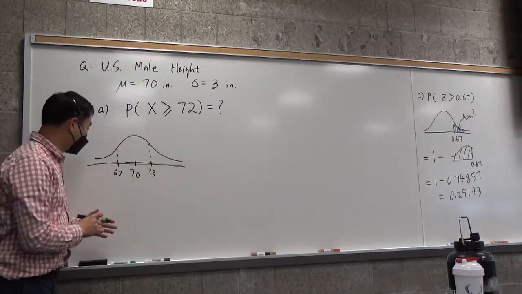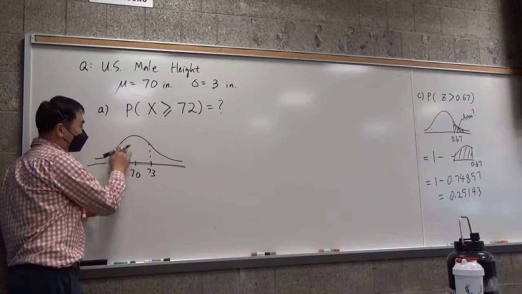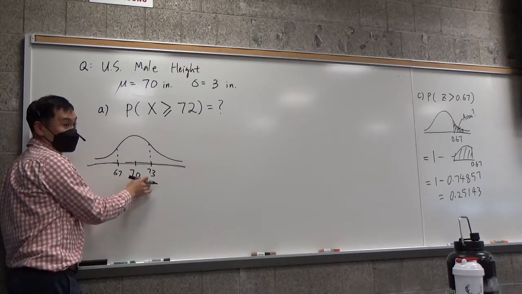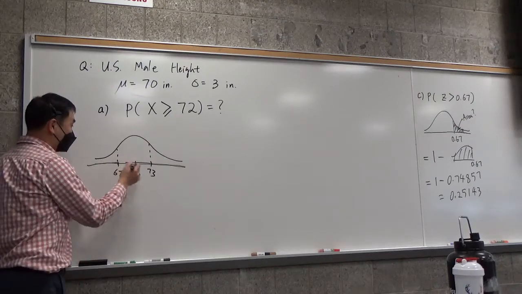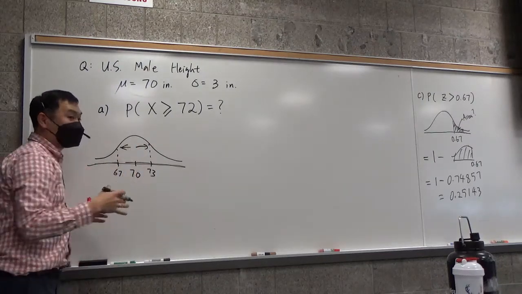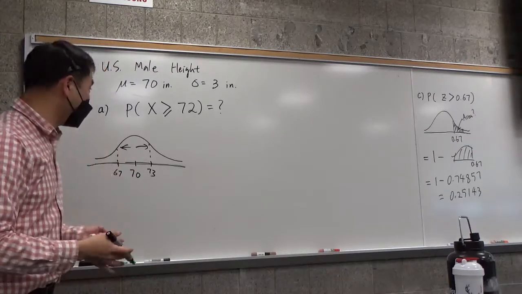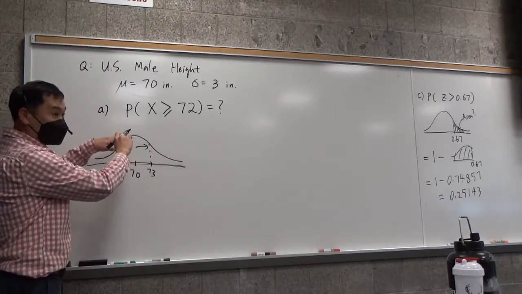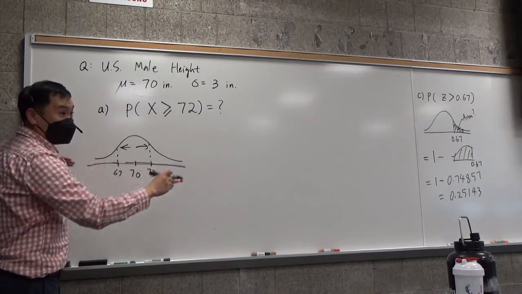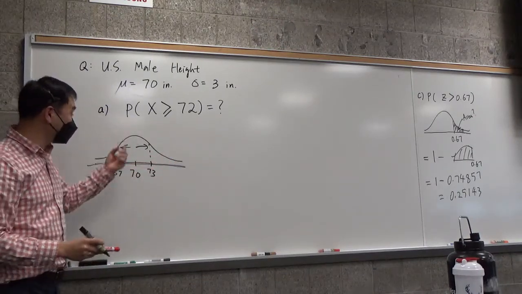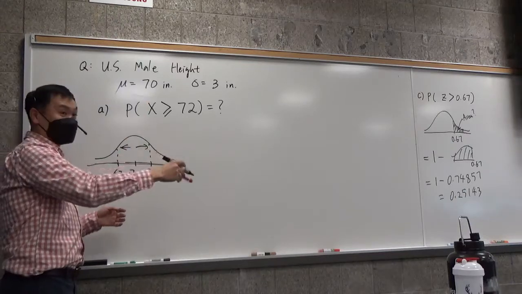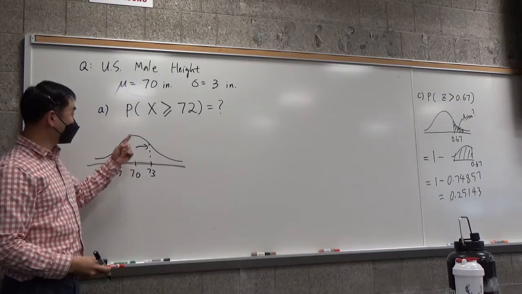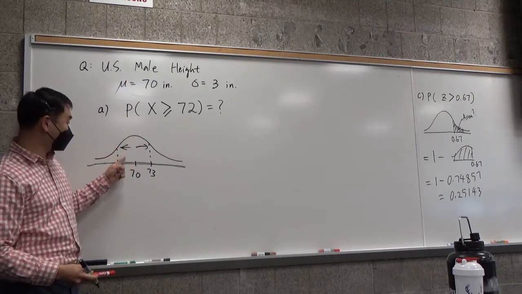So it means that 68% of males have height between 67 and 73. That's what it means. Now, perhaps in a different country, you might have a bigger standard deviation. That means the bell curve shape is more spread apart. If you have another country with smaller standard deviation, then the bell curve is tighter. That's how we can understand the picture.